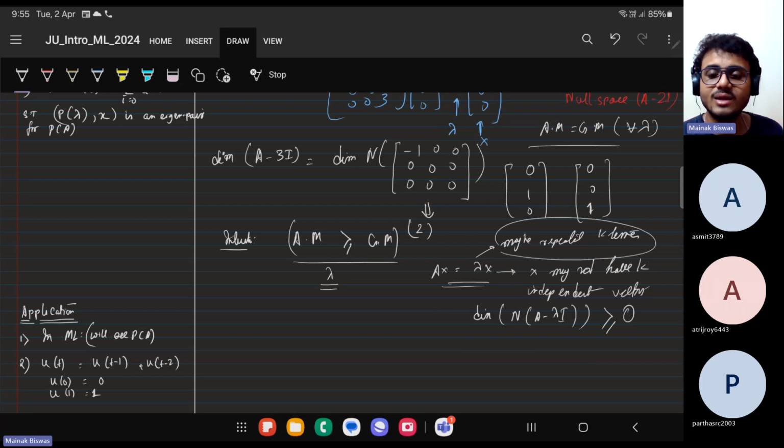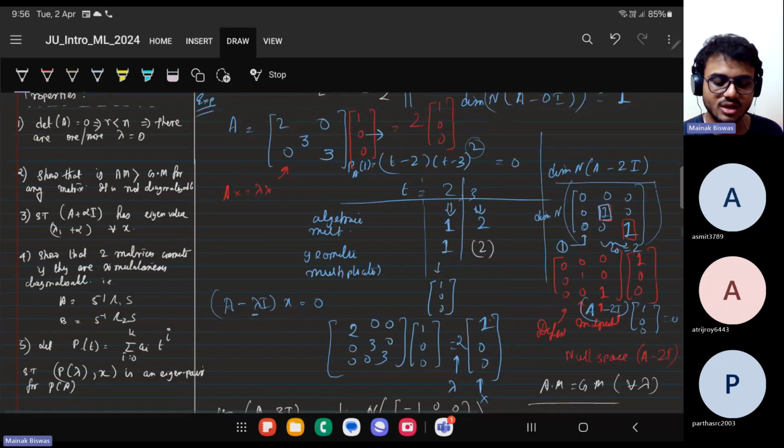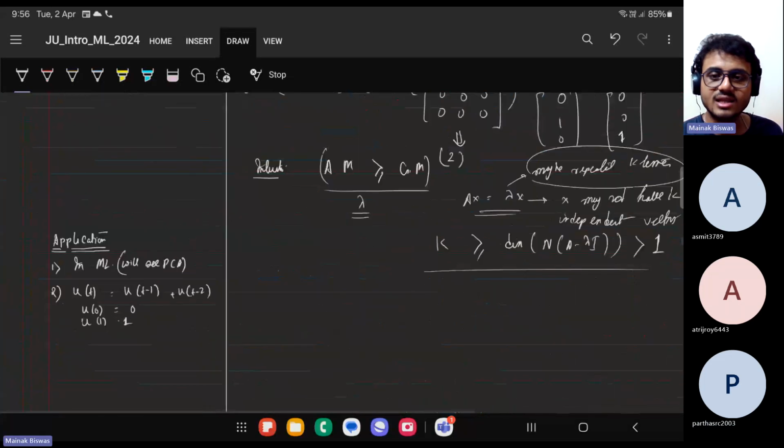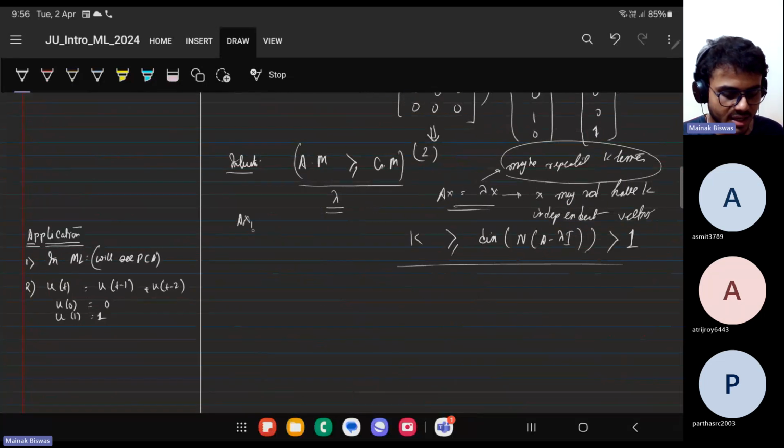So what will happen if it does not have independent vectors? The dimension of the null space will be at least 1. It must have. The dimension of the null space will be between 1 and k, as we just saw in the first equation. Yes. We'll see why it is true. At max, it can have k solutions, because Ax1 equals lambda x1, Ax2 equals lambda x2, and so on, Axk equals lambda xk. It can also have fewer.